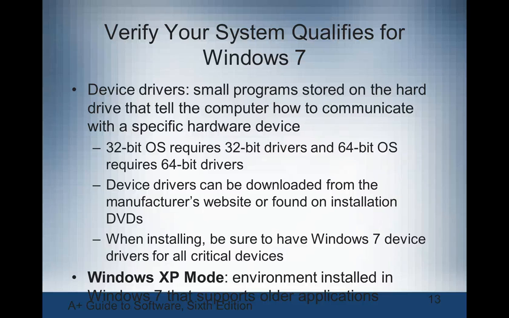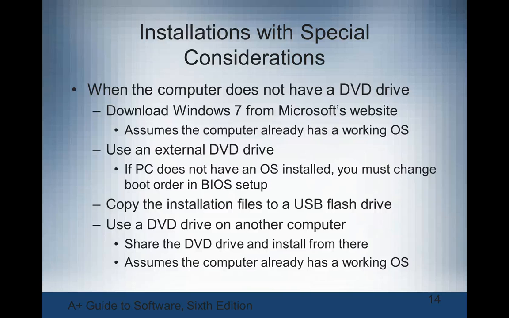But instead of having to go back and forth, you can map those applications through your start menu to the Windows XP mode. That's the real difference between XP mode and just an XP virtual machine. We have those differences.